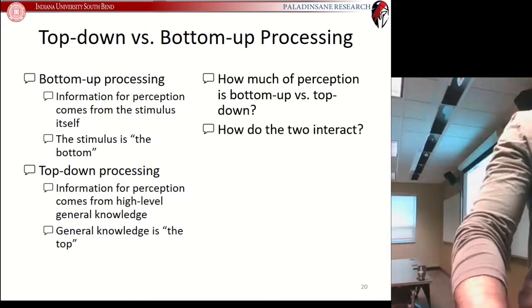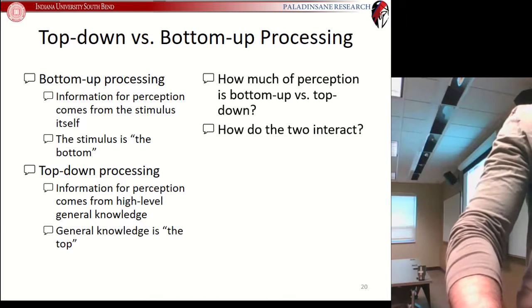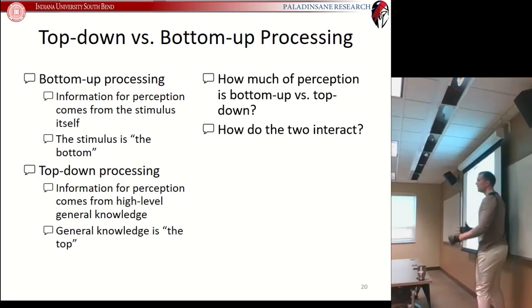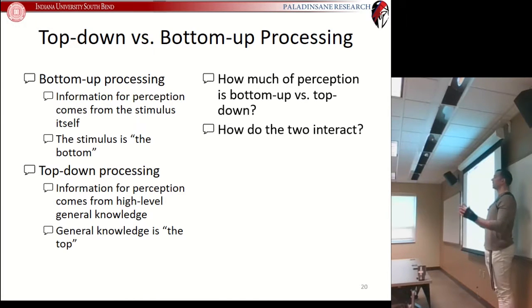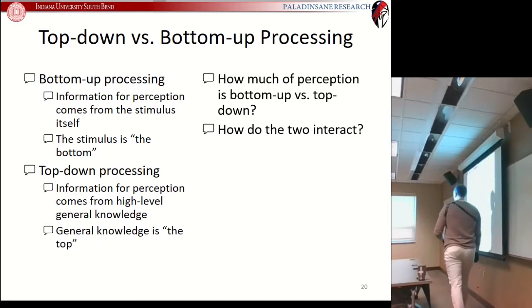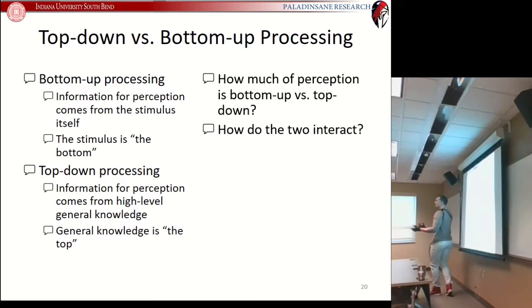On the other hand, is it mostly bottom-up, in the sense that most of the experiences we have come directly from the stimulus, and only a little bit is influenced by top-down processes? How do these two interact? So let's take a look at a couple more examples before we ask, when is it going to be mostly top-down and when is it going to be mostly bottom-up?